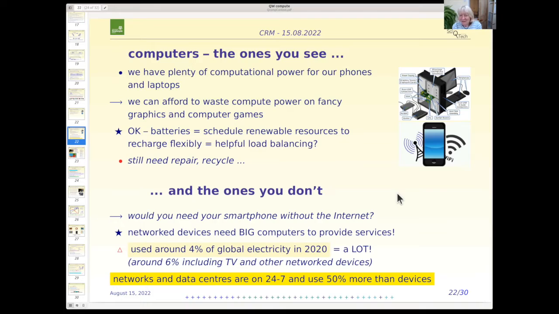And the cooling that they now need, because there's so much waste heat from all of these computers, is usually water cooled by now, and then they need to find a use for this waste heat. So it becomes district heating, or it's fed into other industrial processes.